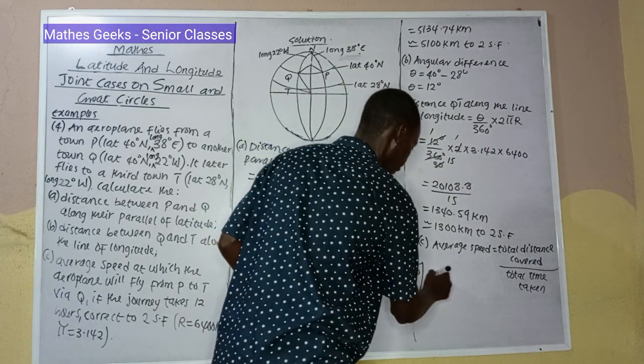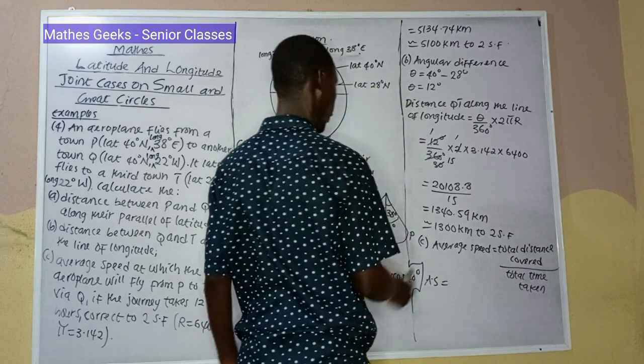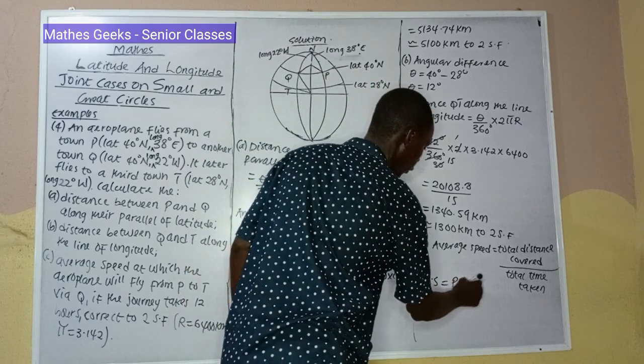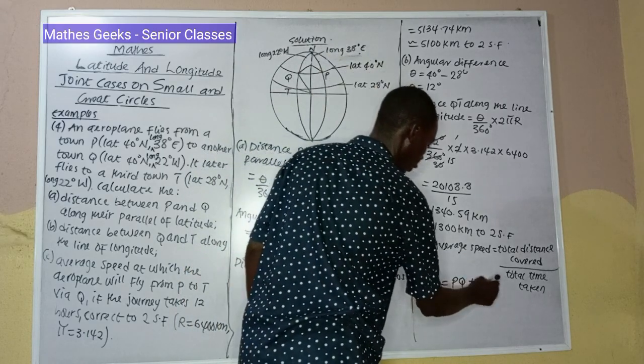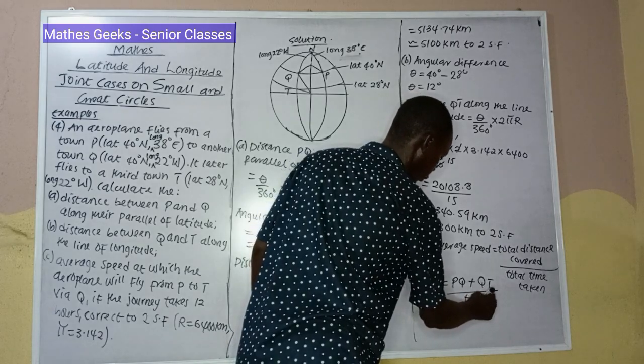The total distance covered is the distance from P to Q, that's PQ, plus QT, over time.